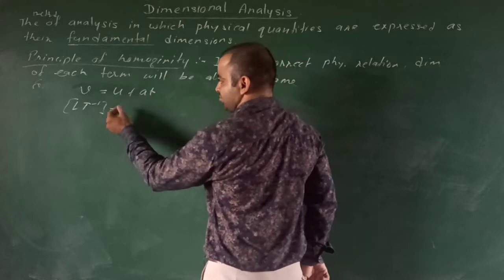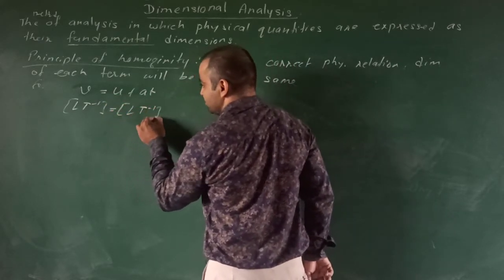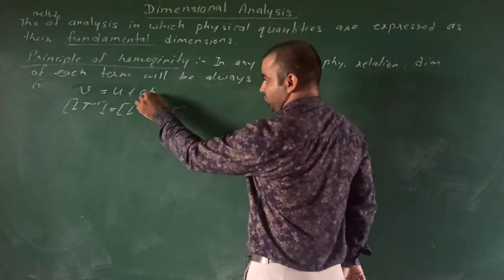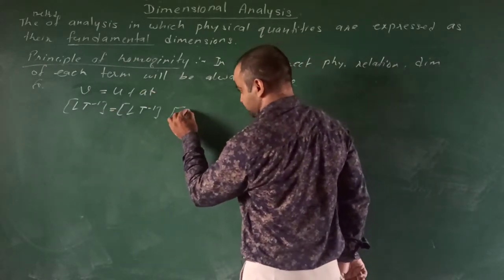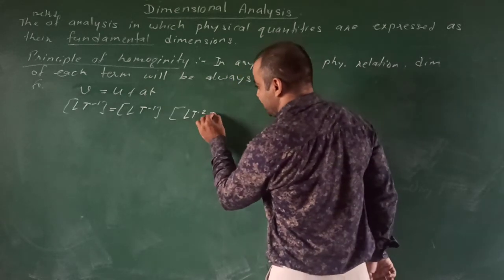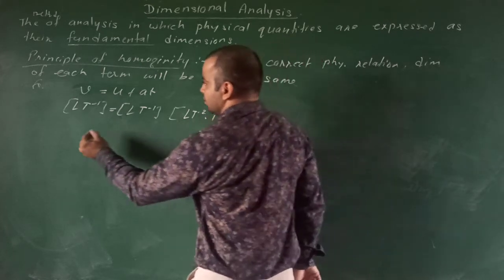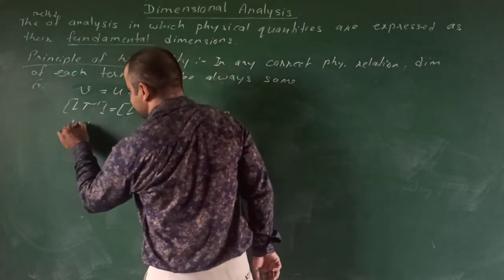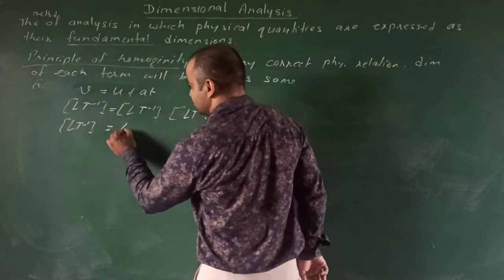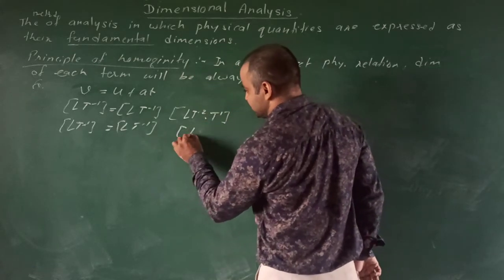Initial velocity is also velocity, so its dimension is also LT^-1. Dimension for acceleration is LT^-2, and for time T^1. Check the correctness: LT^-1 here, LT^-1 here, and LT^-1 here.